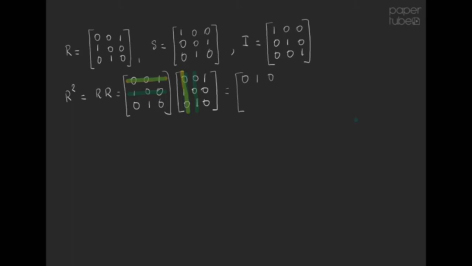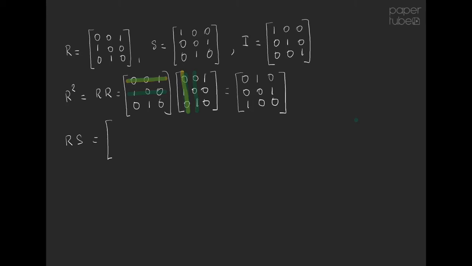Right? So you'll have here 1 times 0 plus 0 times 1 plus 0 times 0. That'll be 0. And you keep going in this fashion.